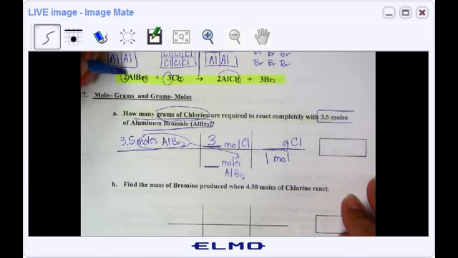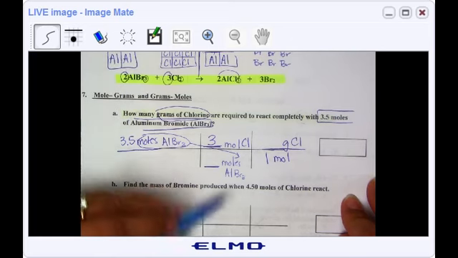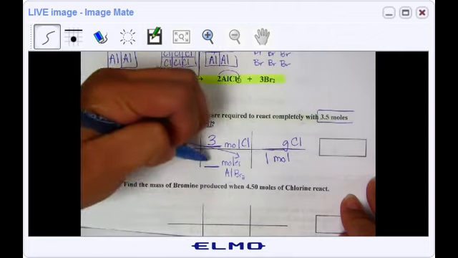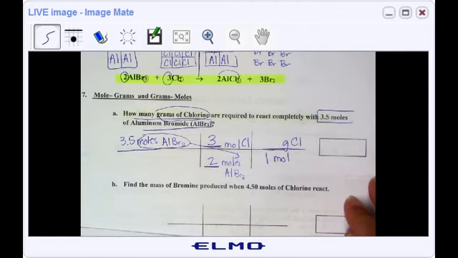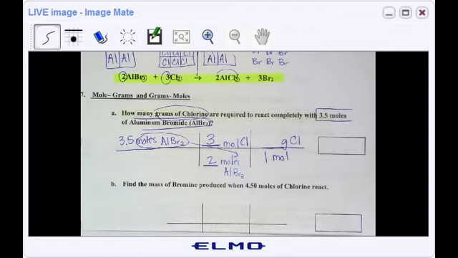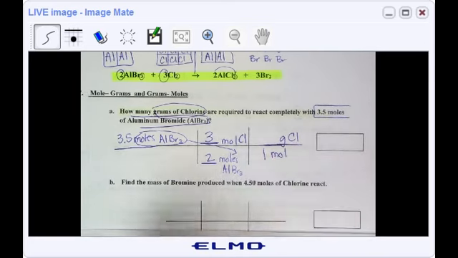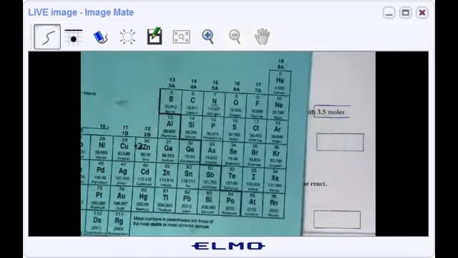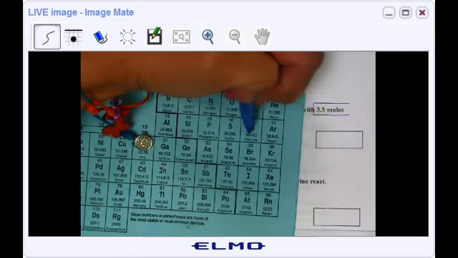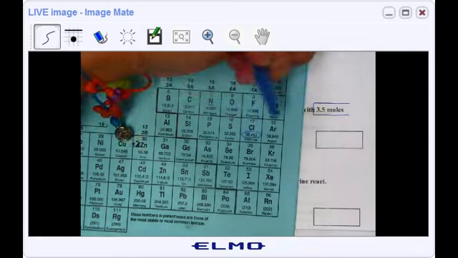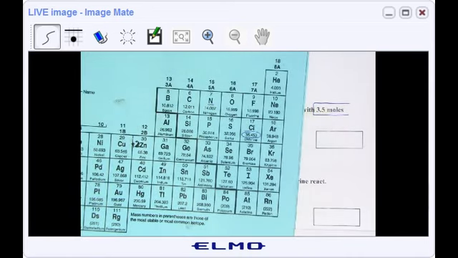You look at the coefficient, and that's what you put right next to the mole of AlBr3, which is 2. Now to solve for this, last, I need to get the grams of chlorine. You're going to have to look at your periodic chart. To find the grams of chlorine, you're looking for the number underneath chlorine, 35.45.